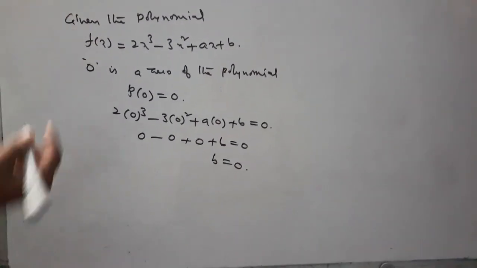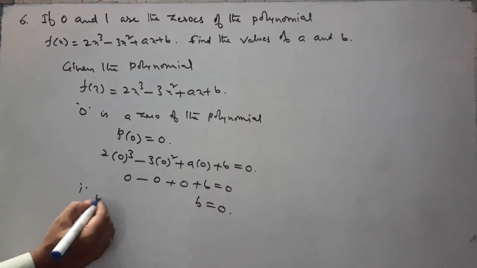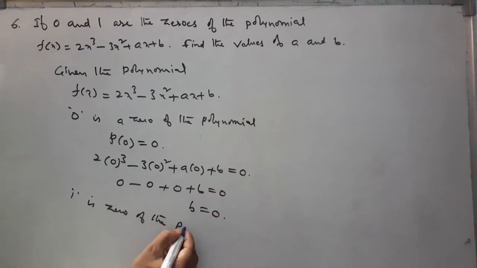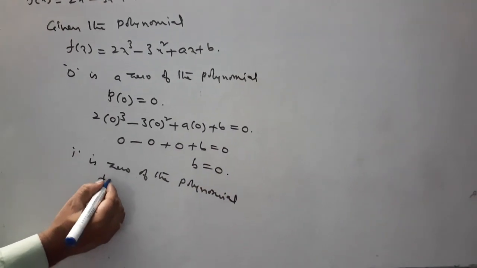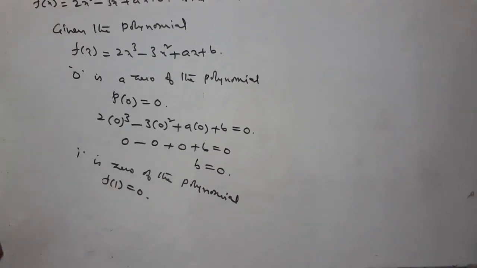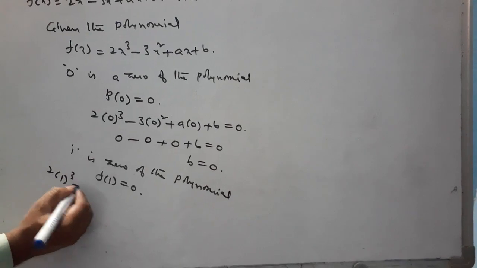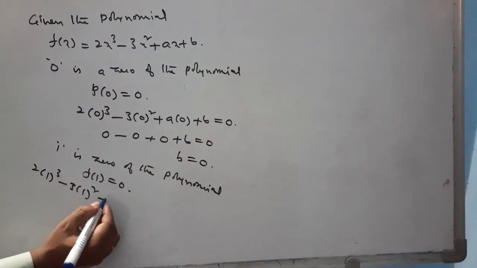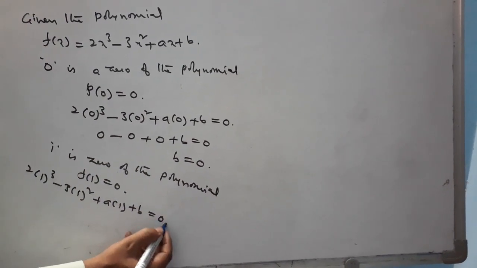Next, here 1 is also a 0 of the polynomial. So we will get f of 1 equal to 0. f of 1 equal to 0 means 2 into 1 cube minus 3 into 1 square plus a into 1 plus b is equal to 0.